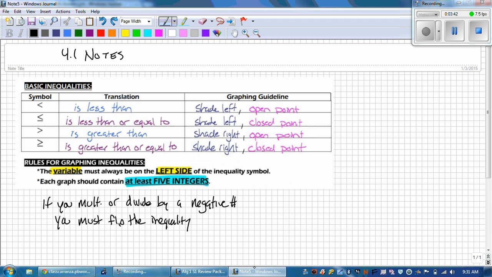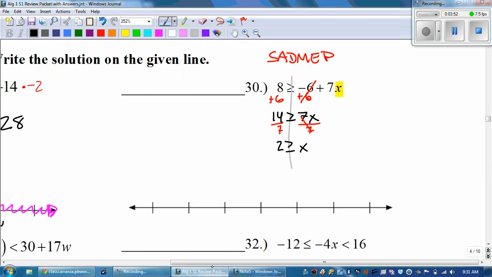Now, I'm going to go back here real quick just to look at this part. The variable must always be on the left side. Okay? Is the variable on the left side? No. That means we need to rewrite it. So my x is going to come first, and then my 2. And who is the inequality pointing at?